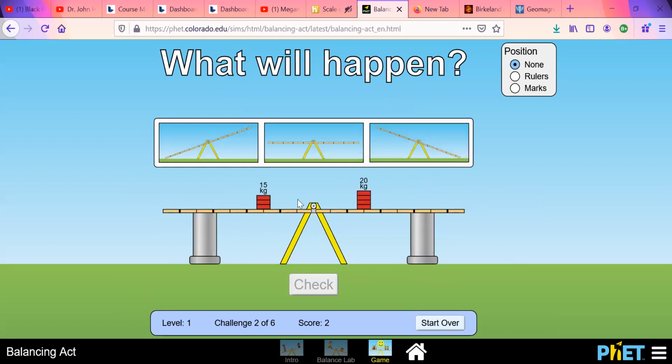So that's pretty simple. Now, what will happen with this configuration? So this is 15 and 1.5. Maybe you want to break out your calculator, or you can do it in your head. 15 times 1.5 is 22.5. So that's the torque over here, 22.5. And the torque over here would be 20 times 1.5, and that's going to be a torque of 30.